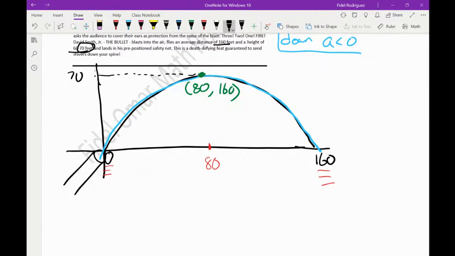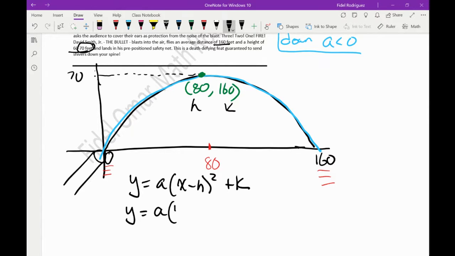And so we can come back to do what we were doing earlier today, a little while ago. We could say, look, this is our H and that's our K. So we're going to go a times (X minus 80) squared plus 160.